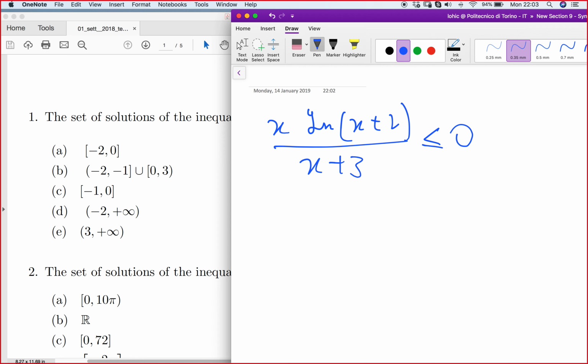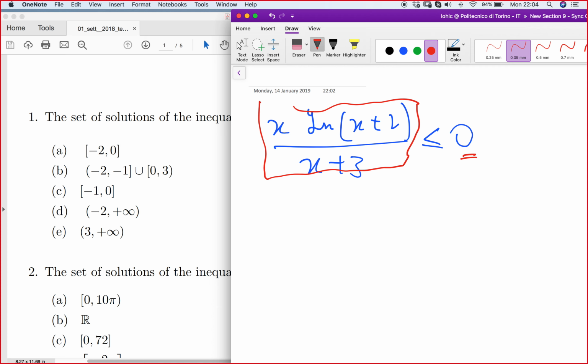Now guys, when you have an inequality, the first thing to do is to bring all the terms to one side and keep only 0 on the other side. Is that clear? I repeat, anytime you have an inequality, the first thing to do is to bring everything to one side and keep only 0 on the other side. Why? Because when you bring everything to one side, you understand what you want to do: I want to find the values of x for which this expression is negative.